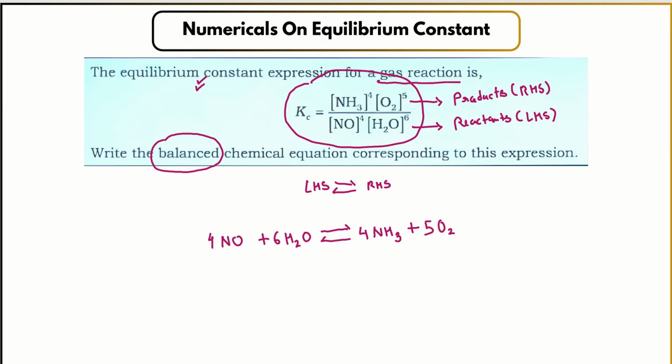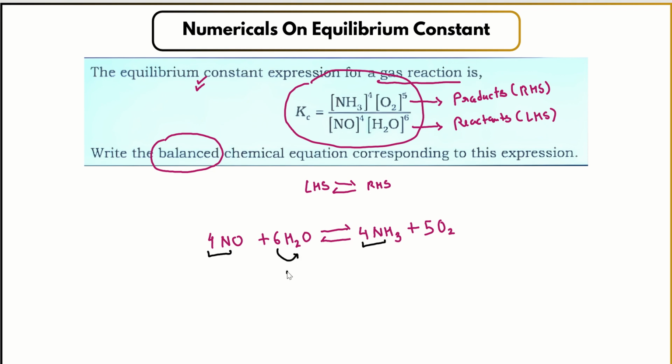Now guys, you have to check whether this equation is balanced or not. So how you can check this? First of all, if you look at this, it has 4 nitrogen on the left hand side. Okay, 4 nitrogen are given on the right hand side also. Now there are 12 hydrogen, 6 into 2, 12.